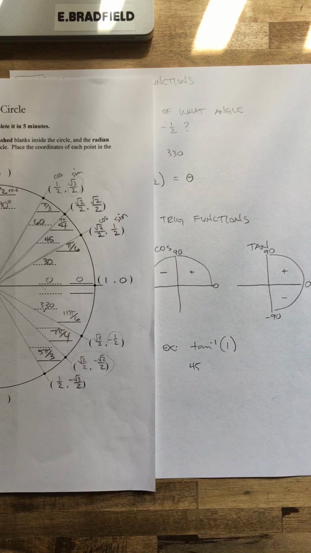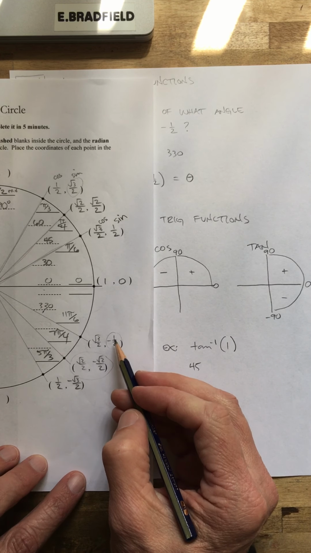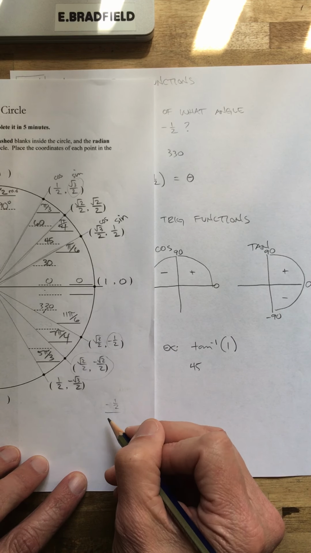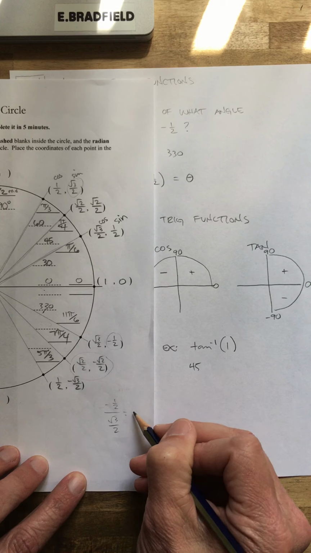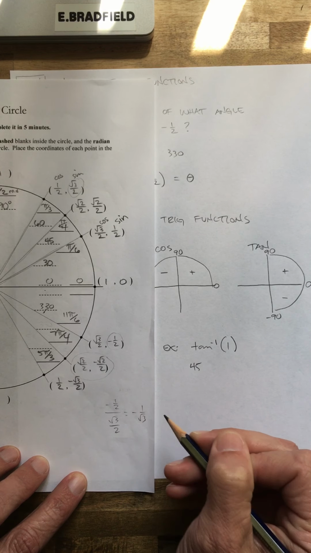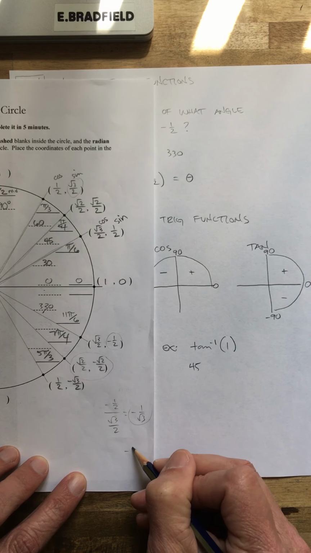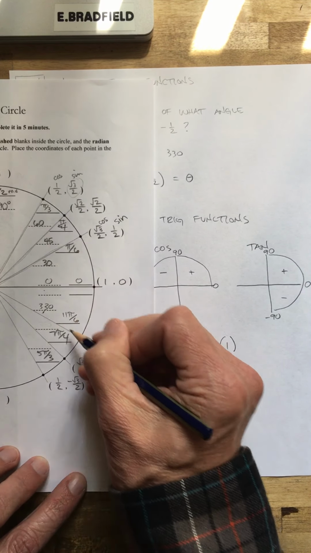Look at this guy right here, negative 1/2 over radical 3 over 2. This simplifies to negative 1 over radical 3, and that simplifies to negative radical 3 over 3. So this is the angle I'm looking at right here.